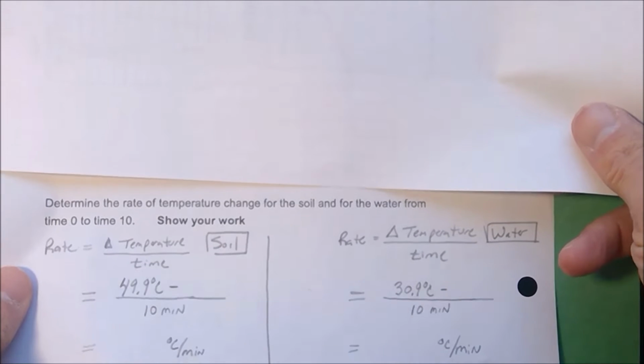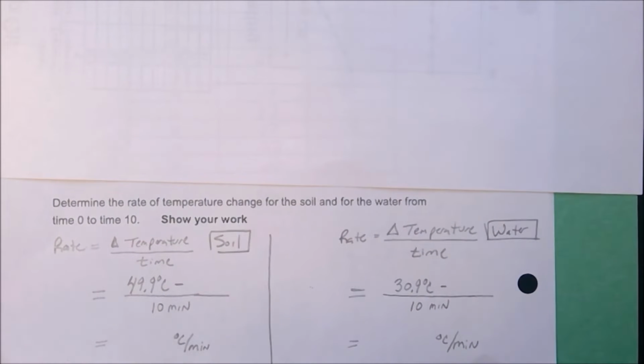Now, you've got a rate of change calculation to do. So I hope you taped in our data over the data that was on the lab. Here you're asked to do 2 different calculations for the rate of change, one for the soil and one for the water. I am not going to plug all the values in for you.